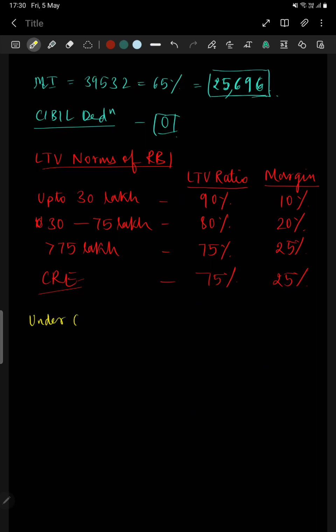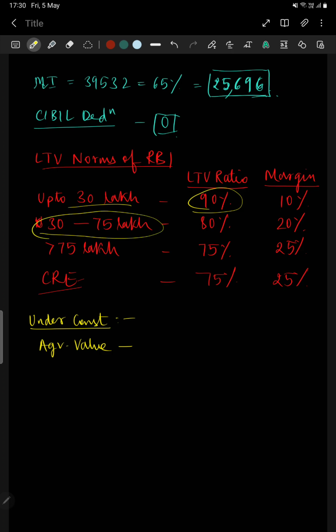If it is under construction, then you simply check the agreement value. If the agreement value is less than 30 lakh rupees, then straight away you can give 90%. If it falls between 30 to 75 lakh rupees, you can give 80%, and if it is greater than 75 lakh rupees, you can give 75% maximum, right?